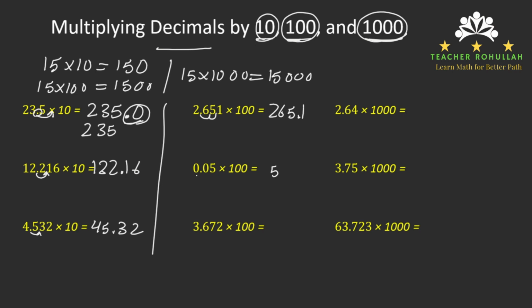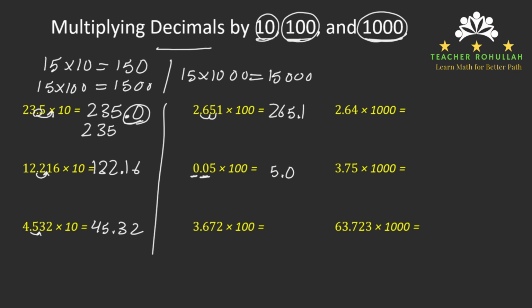We have two zeros to the left of 5, and we can take them off because these two zeros are not needed to be written in the result, because zeros to the left of a whole number do not bring any changes to the number. So the answer when we multiply 0.05 by 100 is 5, or we can say 5.0.